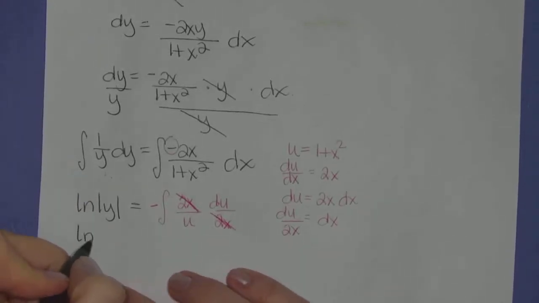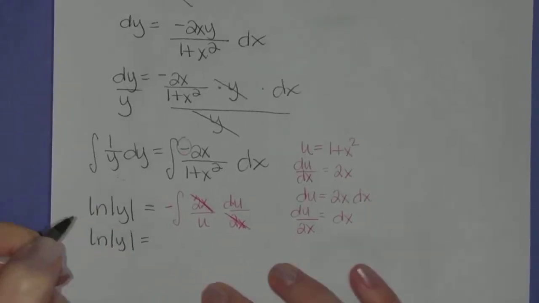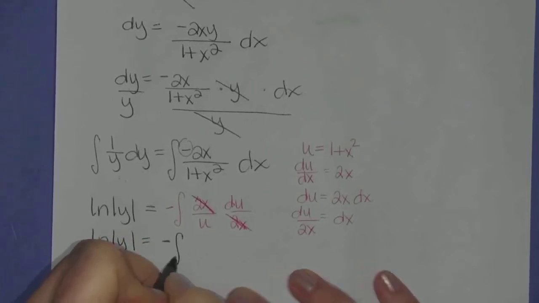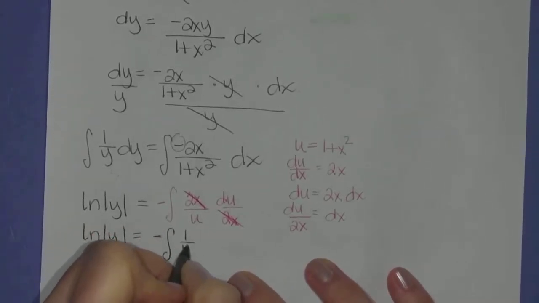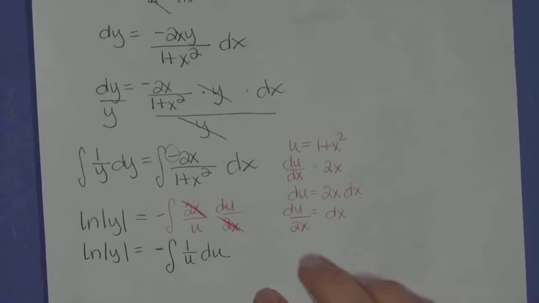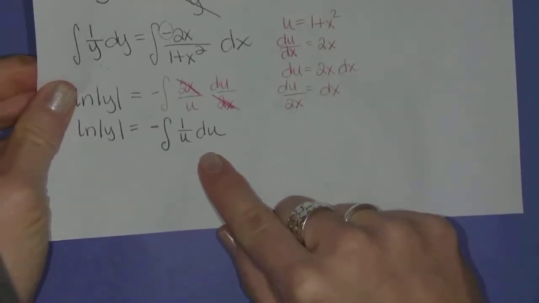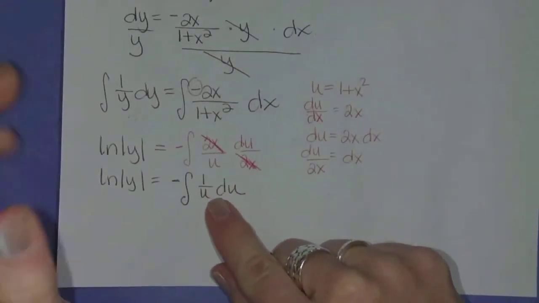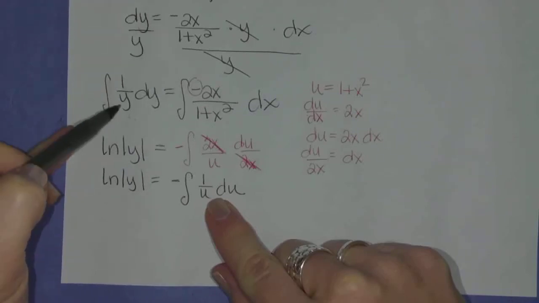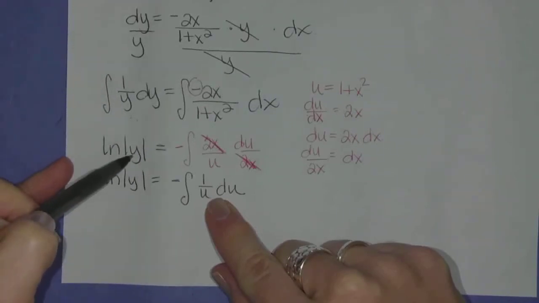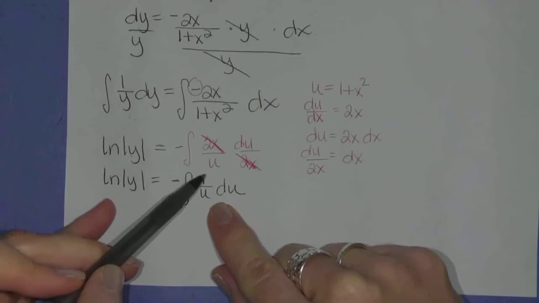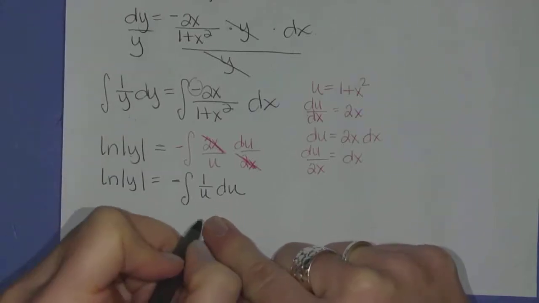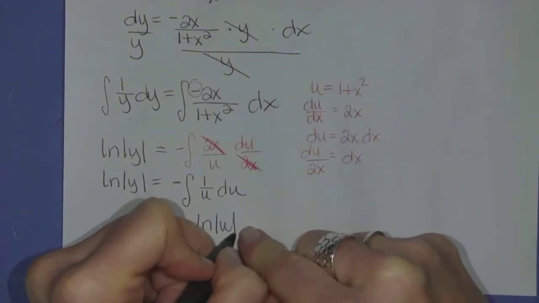which now gives me the ln of the absolute value of y equals the negative antiderivative of 1 over u du. Now check it out. Because I've made this more simple, see how the antiderivative of 1 over y is the ln of y? Well, the antiderivative of 1 over u is the natural log of u.